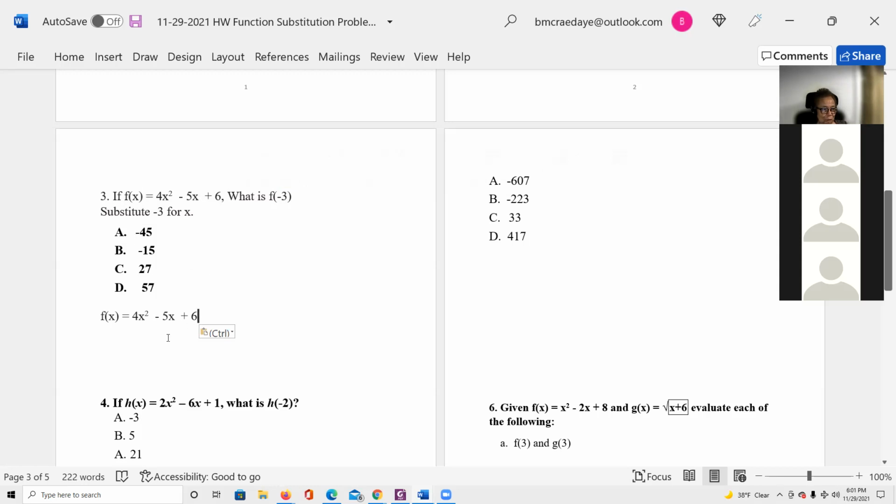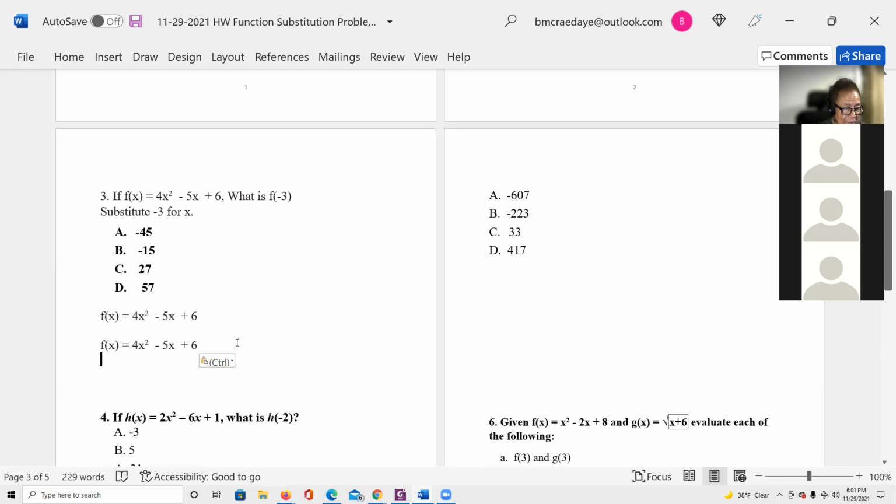Now for X, you're putting a minus 3. So substitute a minus 3 for the X. Wherever you see an X, you want to put a minus 3.